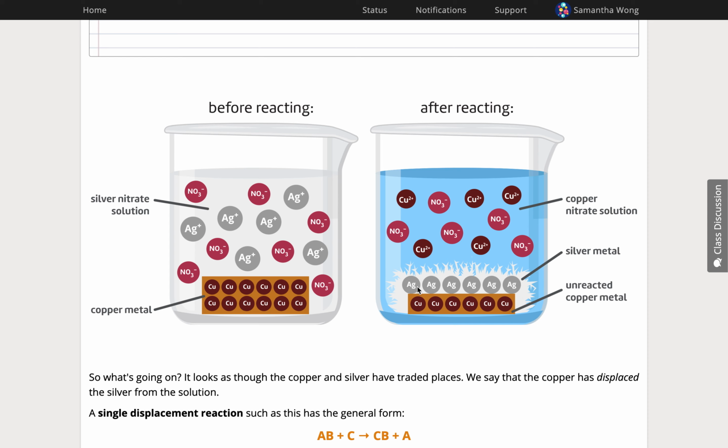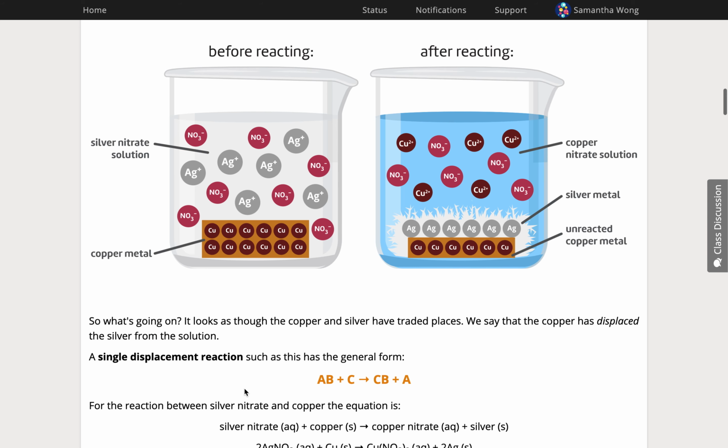Because it's silver, it's a solid, so it's going to be Ag, not Ag+, like we had as our ions. So what we can see here is that the silver and the copper have traded places. As such, we say that the copper has displaced the silver from the solution. This is what we call a single displacement reaction, and it has a general form of AB plus C gives you CB plus A.